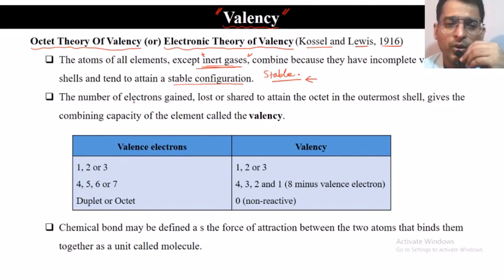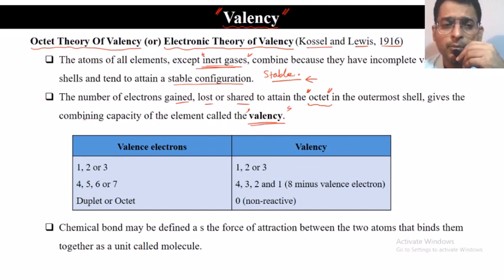So the number of electrons that are gained, lost or shared to attain the octet in the outermost shell gives the combining capacity to the element, which is called the valency. So what is valency?